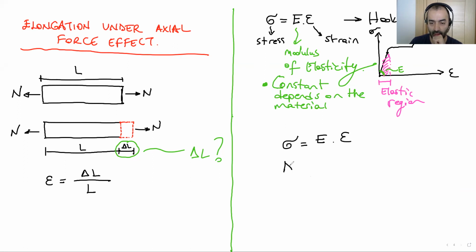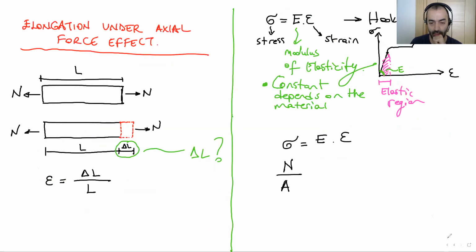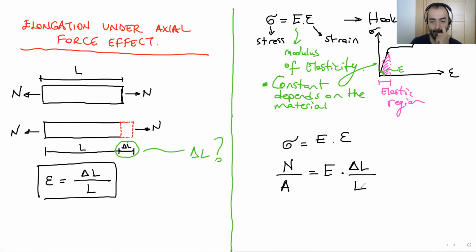It's N over A, right? Sigma equals N over A equals E times epsilon. And what is the strain epsilon over here? As we defined, delta L over L.